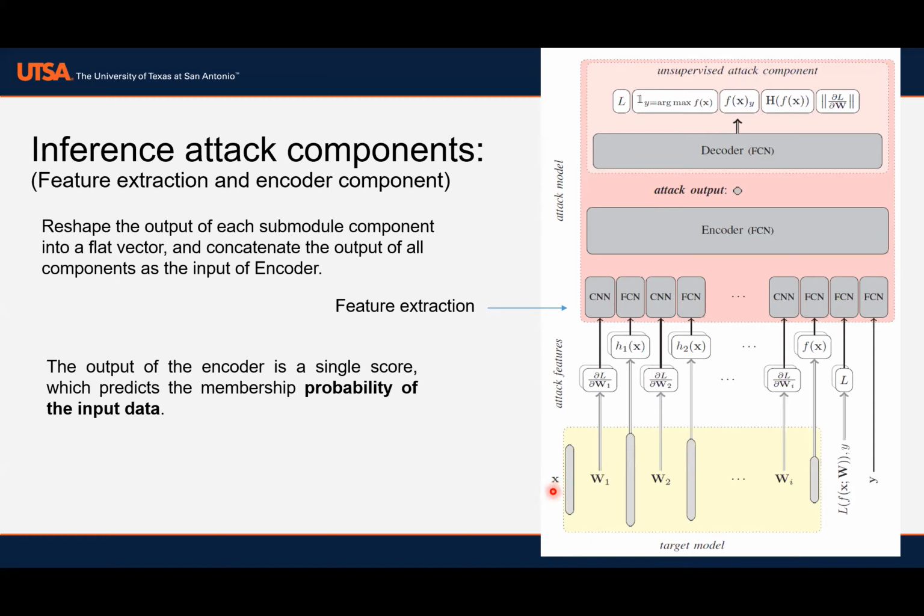Why do you make that requirement? Is there a reason for that? For example, if X is from a different distribution, the target model can easily find out that this does not belong to the training data set. Is that what you mean?